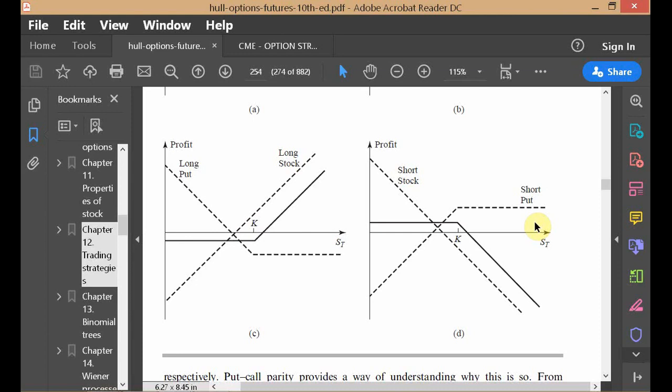Now the question is, when the market price is higher than the strike price, will the holder of a long put exercise? What are we seeing here? This is graph D that she has referred to as a short put. We are checking to see whether she is correct. In this graph, let's assume that this perpendicular is the ST. Now ST is higher than K. K is our strike price.